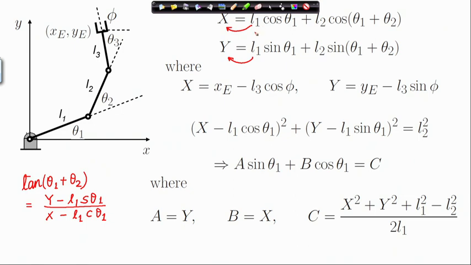So, I have taken these terms to the left hand side and taken the ratio, the second equation with the first, and I have this.